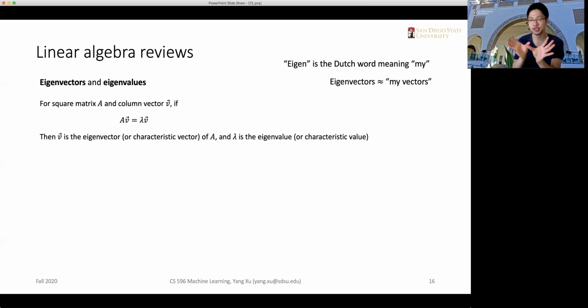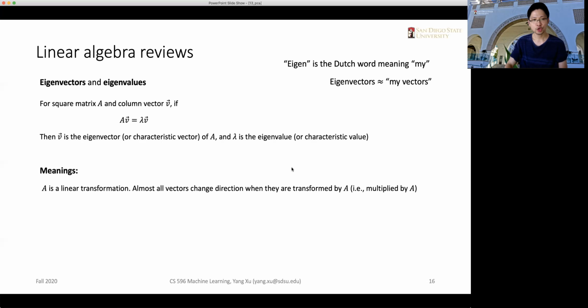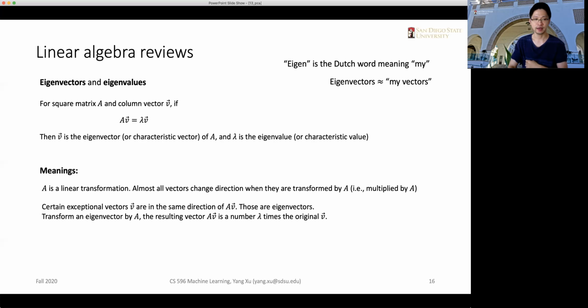It is something that doesn't change, something inherent to the matrix A itself. Almost all vectors change directions when they are transformed by A, except for those eigenvectors.